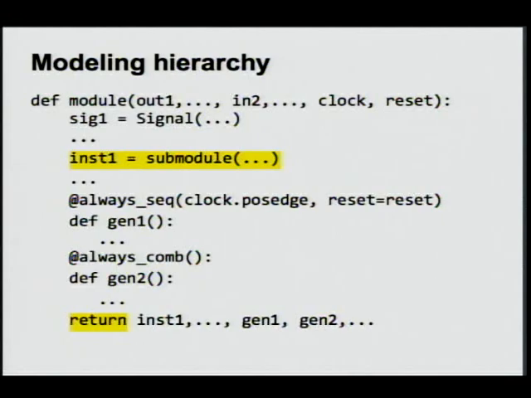We call this instantiation in hardware design. Then you can have any number of additional instantiations or decorators, and all these things are returned. What this does, in fact, is create a hierarchical nested list of generators. That is the basic data structure of how MyHDL represents a hardware design: as a nested list of generators. Okay?